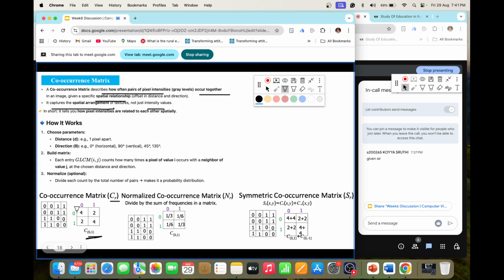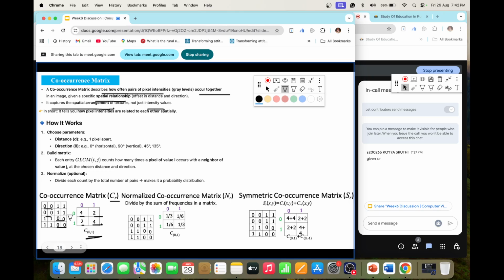Just write it like that and then compare 0 0. Where is 0 0 occurring? 0 0 occurring here, here, here and here. So 4 instances of 0 0 occurring, so that is why 4. Similarly, 0 1 occurs here and here, so that is why 2. 1 0 occurs here and here, so that is why 2. Then 1 1 occurs here, here, here and here, that is 4.